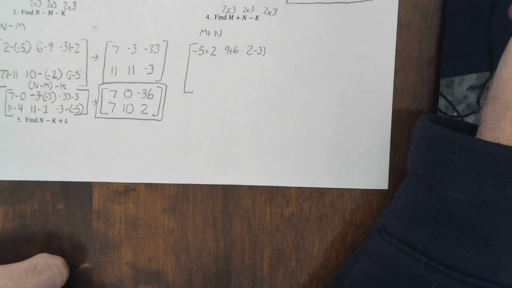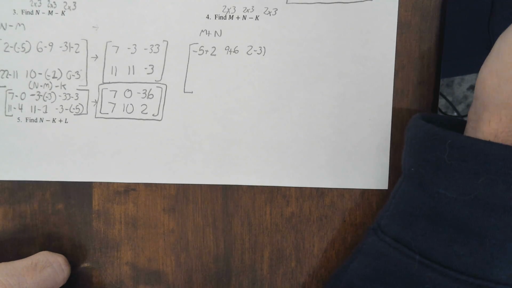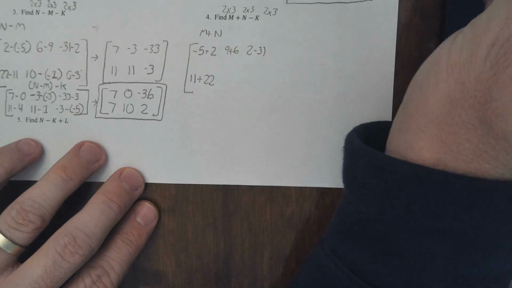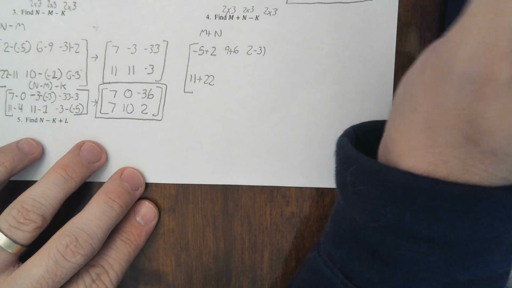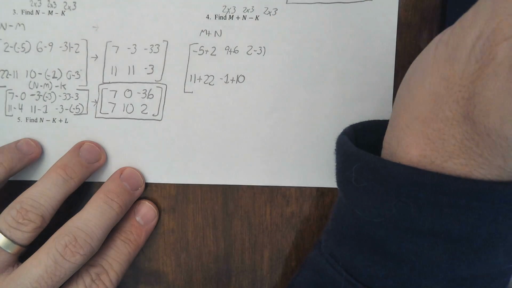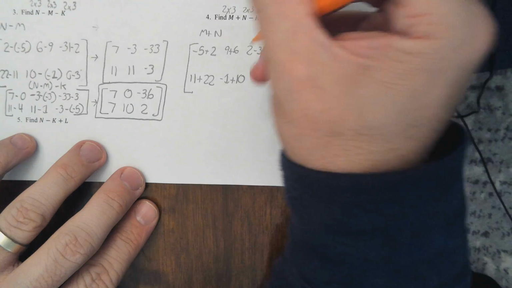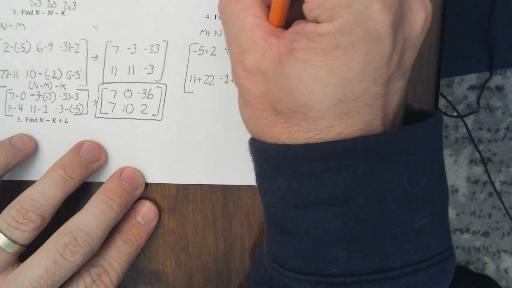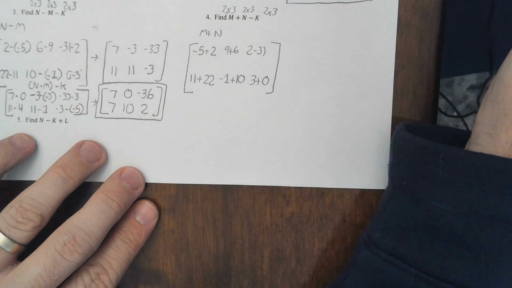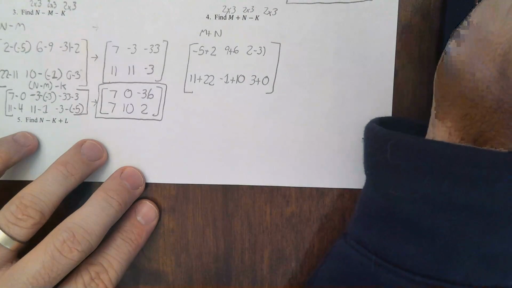Now the bottom row: 11 and 22 share the same spot, so 11 plus 22. Negative 1 and 10 share the same spot, so negative 1 plus 10. And then 3 plus 0 share the same position. So we can go ahead and add those together.